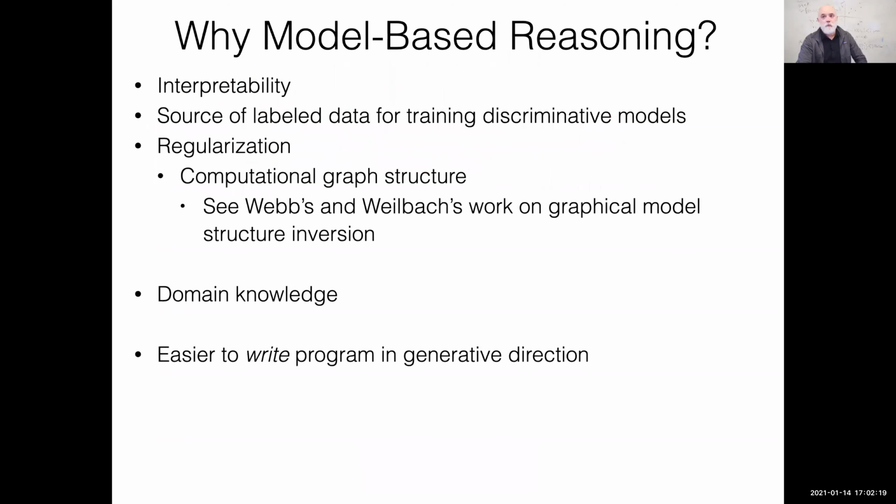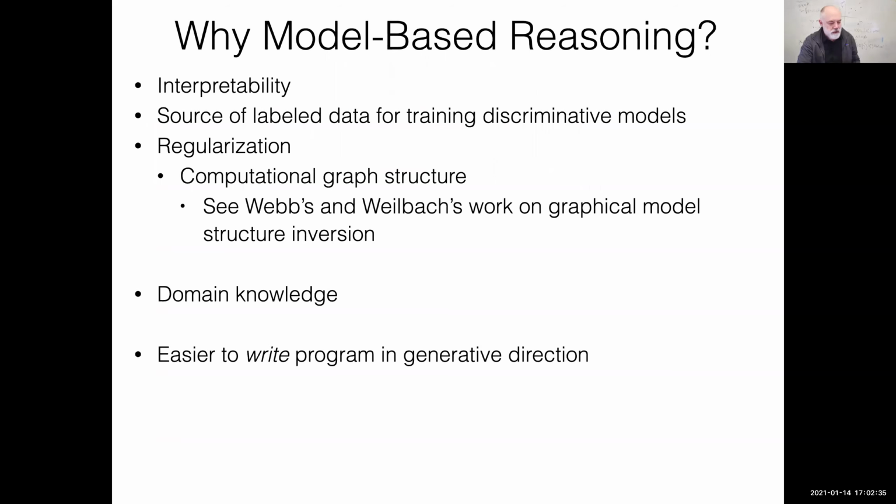Okay. So why model-based reasoning? You get interpretability. You get a source of labeled data for training discriminative models. You get regularization. You know something about the computation graph structure, and there's lots of ways to exploit that that are very sophisticated, we might get to near the end of the term. It allows you to put domain knowledge into the thing.